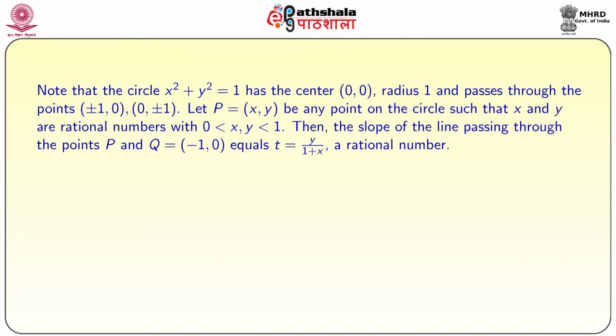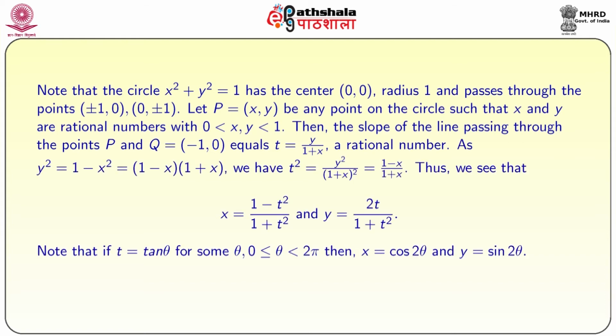Let P equal to (x, y) be any point on the circle such that x and y are rational numbers with 0 less than x comma y less than 1. Then the slope of the line passing through P and Q equal to (minus 1, 0) is t equal to y by 1 plus x. It is a rational number.